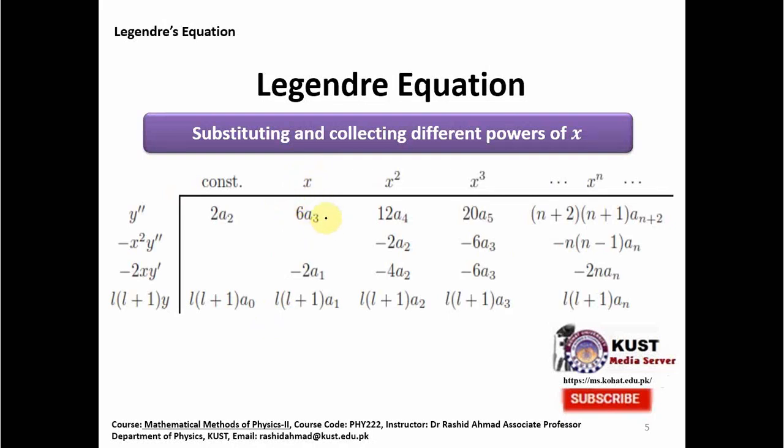So this is in principle 6a3x. So this is 6a3x having a coefficient y double prime, and the coefficient of such type of term coming along with the x is 0, and the coefficient of this term is minus 2a1, and the coefficient of this term is L into L plus 1 a1.